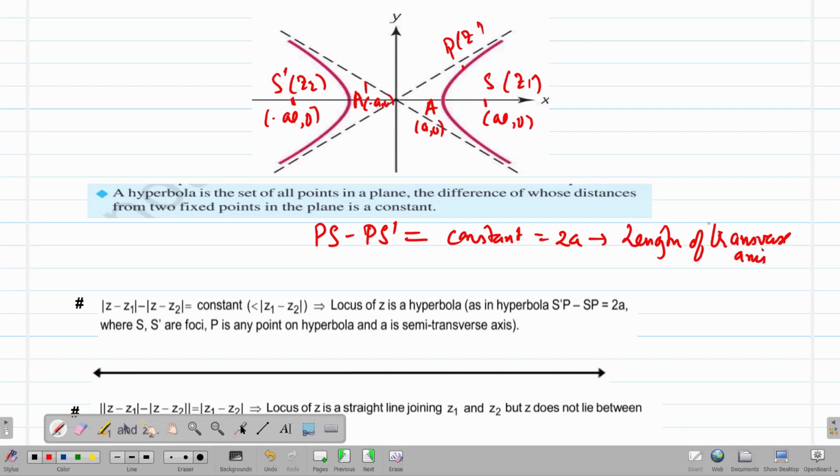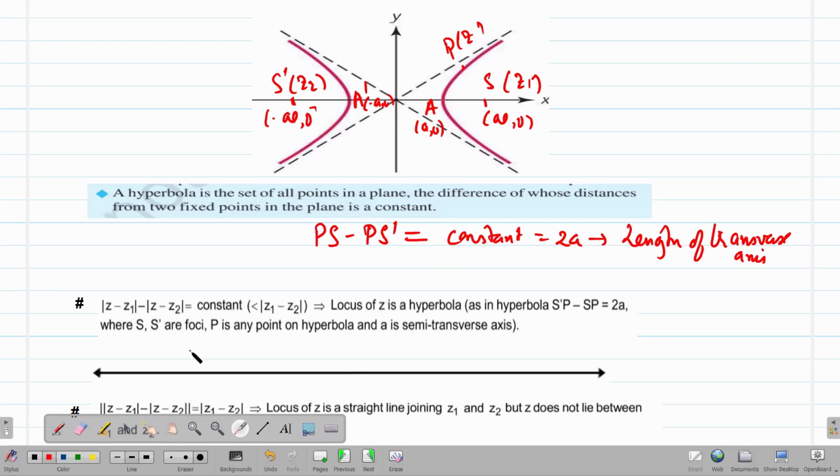From the diagram we can see that the distance between two vertices, that is 2a, is the transverse axis, and the distance between two vertices is less than the distance between two foci.